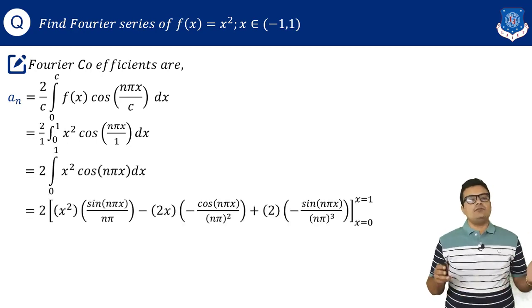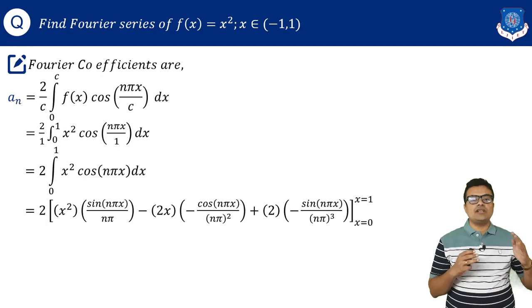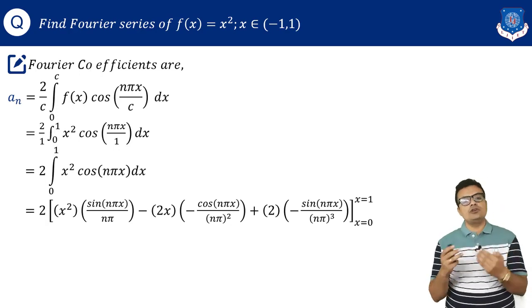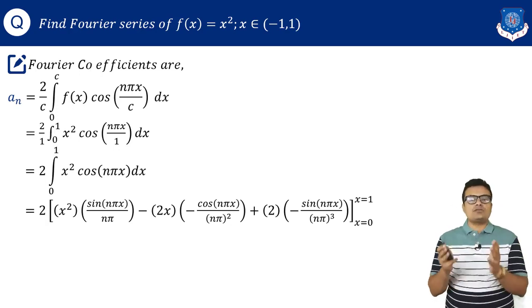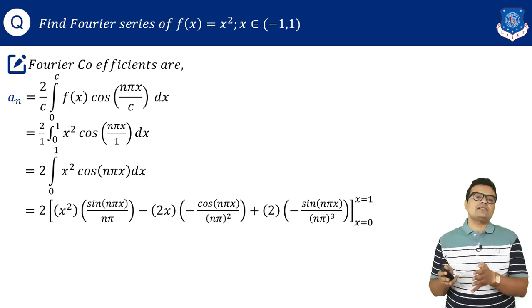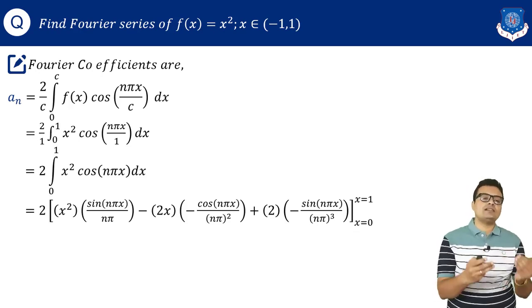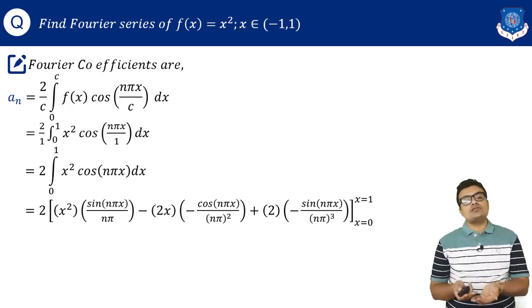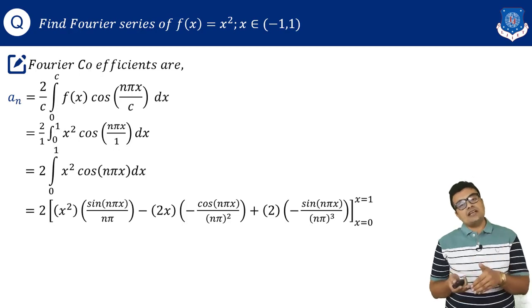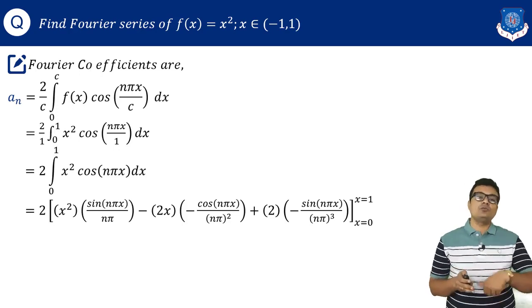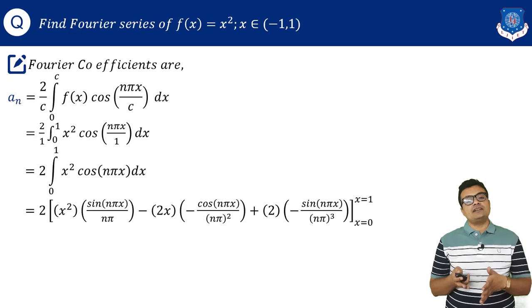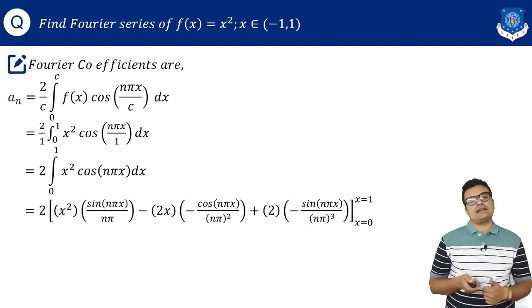So again I am using the Leibniz formula where I am taking u equal to x square, v equal to cos x. It is a process in which we are taking two brackets at a time. The first bracket is for x square, the second is for integration of cos, and then change the sign. In the first bracket take the derivative of the previous one, in the second bracket take the integration of the previous second.